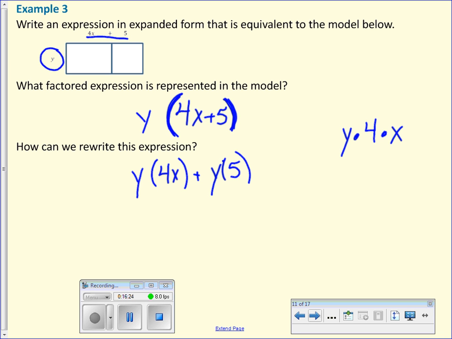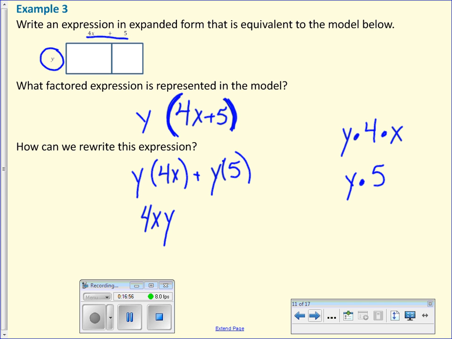How can I rewrite that in alphabetical order? In a new term. 4 times x times y. Remember, we always write the coefficient first, and then we write the variables in alphabetical order. This was y times 5. How do I write y times 5?